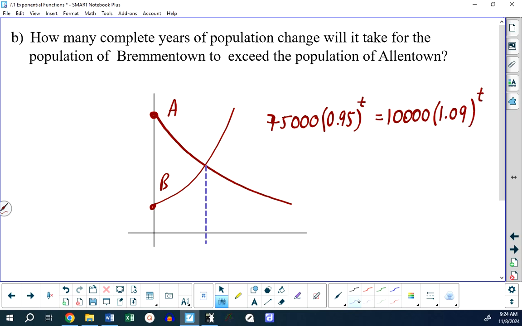There is an equation that you would have to solve. But without understanding logarithms, you cannot solve that algebraically. So we have to take a graphical approach. We have to graph y1 equals y2 and find the point of intersection.